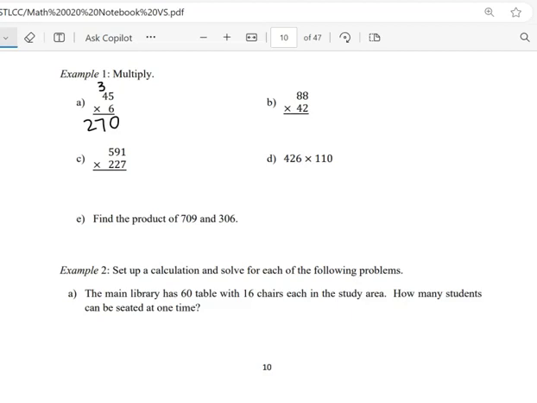Now we're going to graduate into the double digits. So we're going to do 88 times 42. Okay, so the numbers are lined up. And now we're starting with the 2. So you always start with the bottom number. Starting with the 2, start multiplying. 8 times 2 is 16.